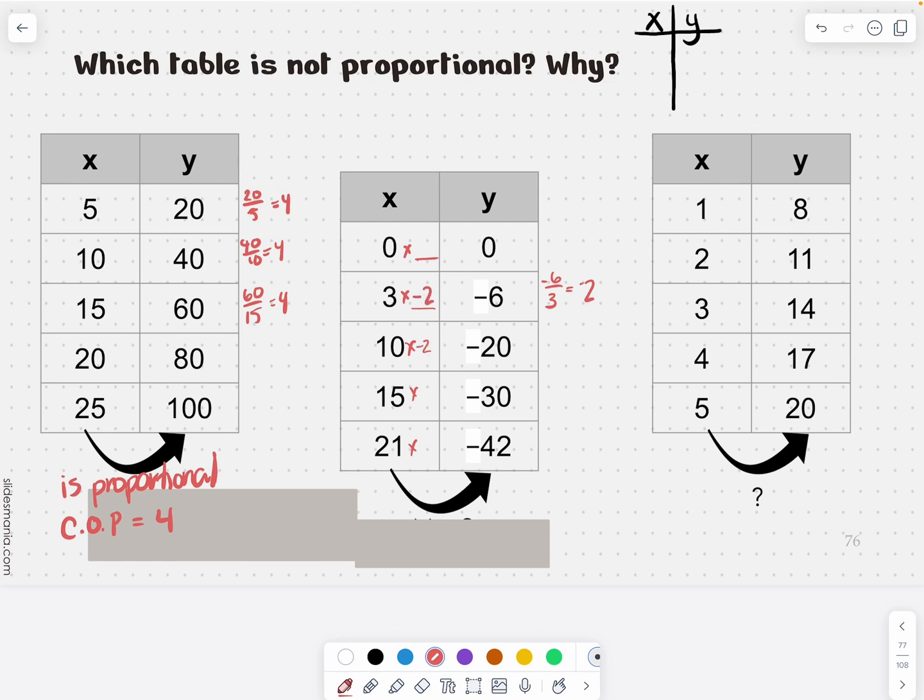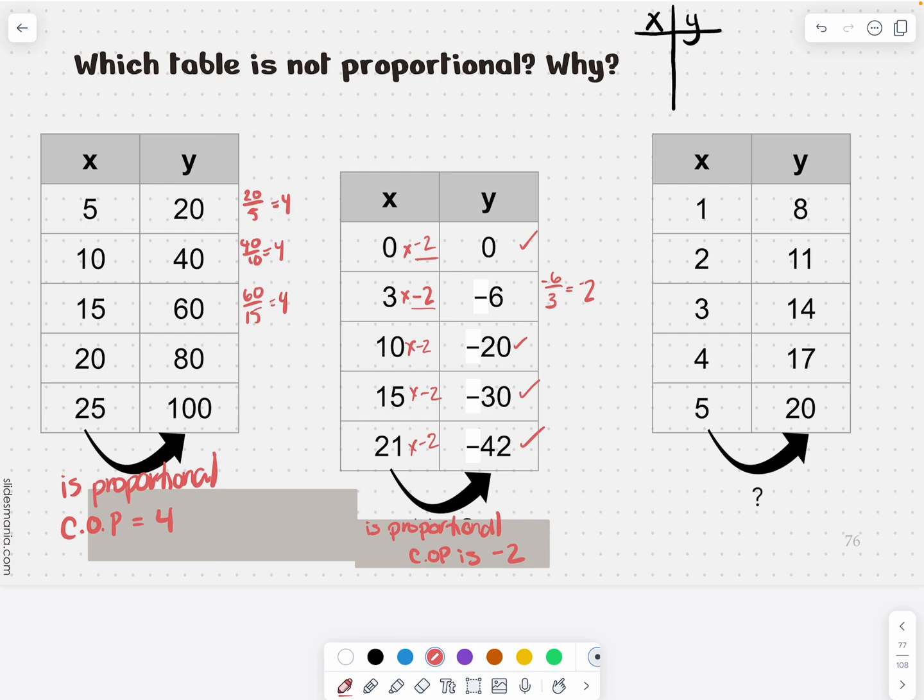Is 10 times negative 2 negative 20? Yep. 15 times negative 2 is negative 30. 21 times negative 2 is negative 42. And 0 times negative 2 is 0. So this one is proportional. And the constant of proportionality is negative 2.